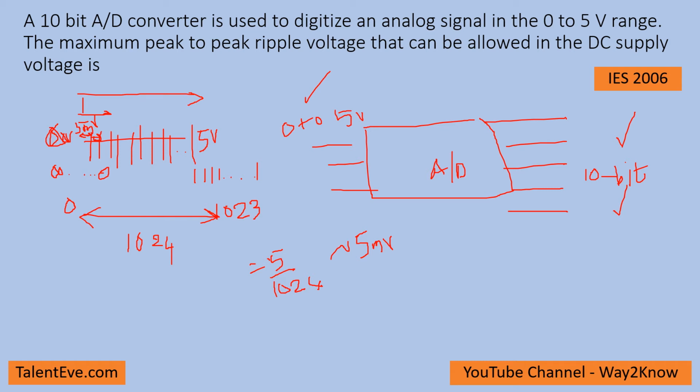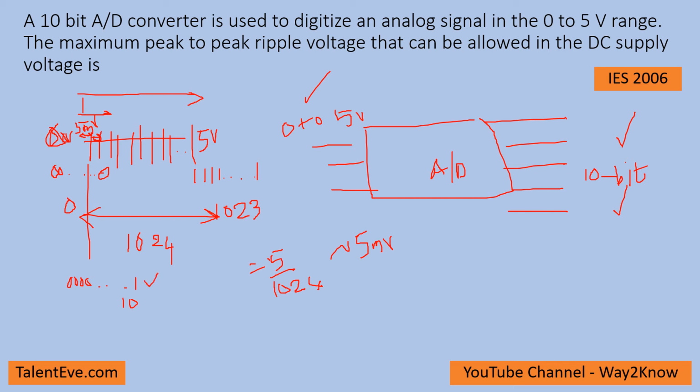So if there is a ripple on the supply voltage, what happens is, let us assume we want to represent this number 0 0 0 and so on. The last LSB bit will be 1 for 1, and the last two LSB bits would be 1 0 for the next number. Now let us assume I want to represent this value.